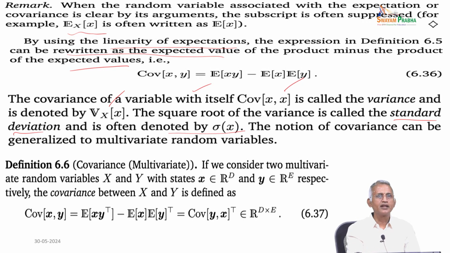So, the covariance can be generalized to multivariate random variables. So, all the formulas we have to remember, then we can apply them to real time problems.